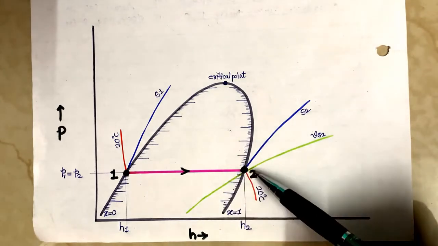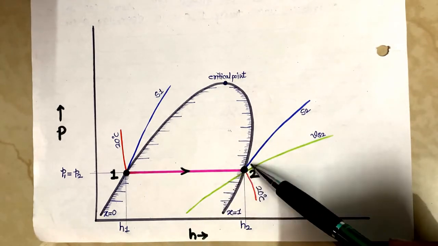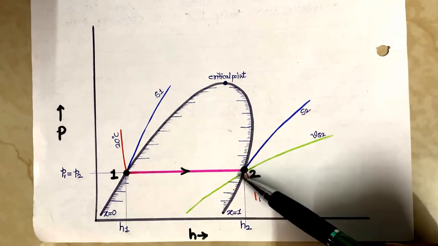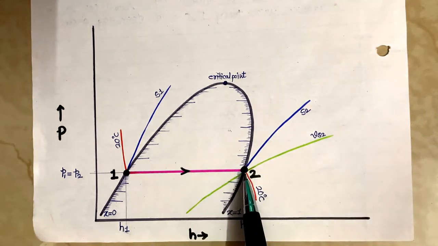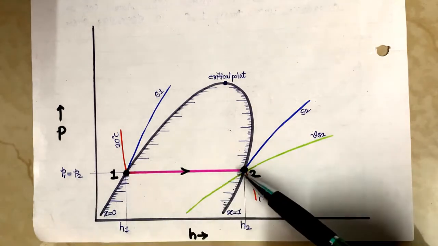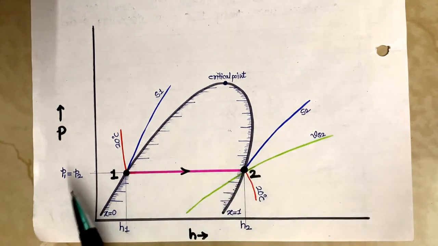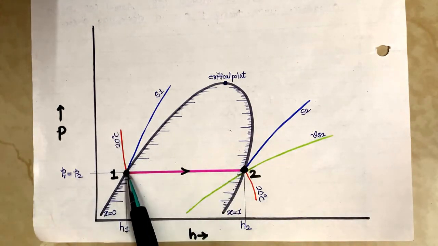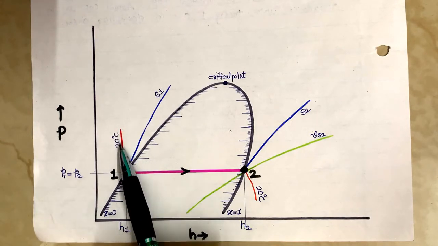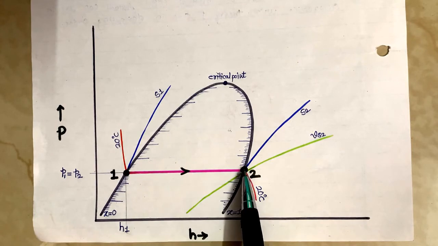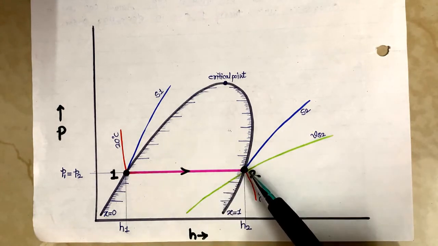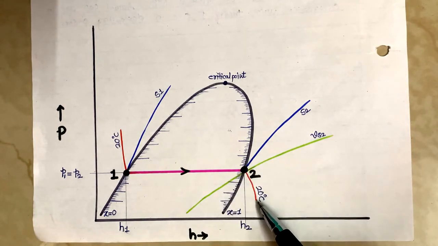Likewise, we are able to find the specific volume at point number 1 also. Now let us go to the final stage of this process, that is point number 2. For point number 2 also we are able to measure the pressure as well as the temperature. Please note that the temperature curve is curved in the subcooled region, then it becomes exactly horizontal in the latent heat region, and then it is curved in the superheat region.